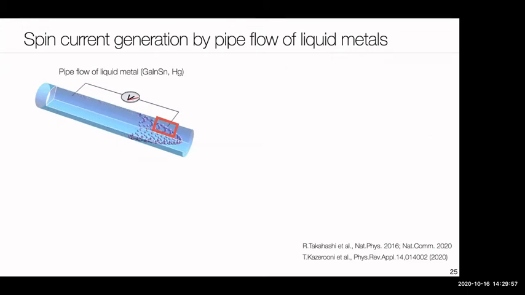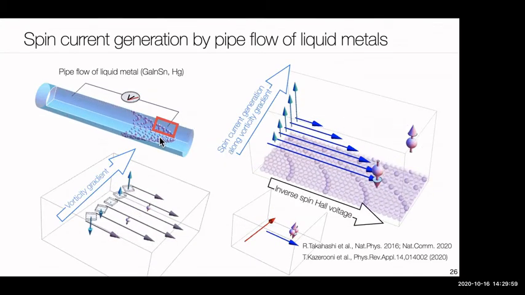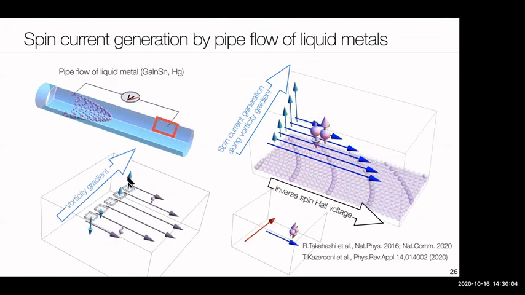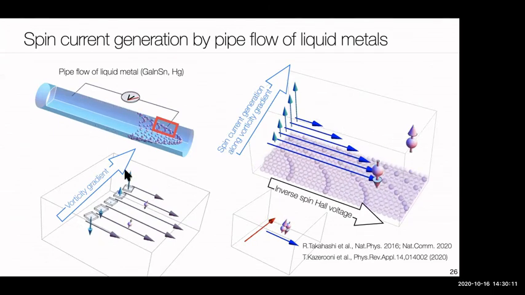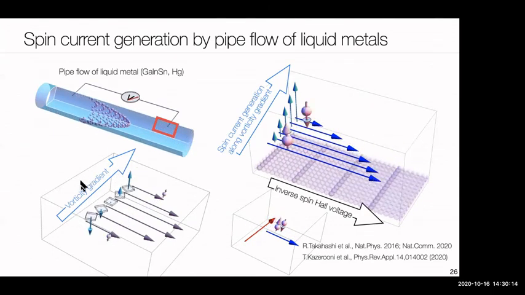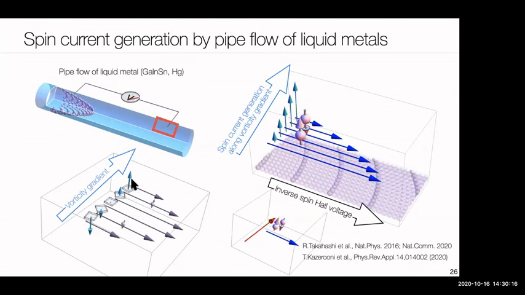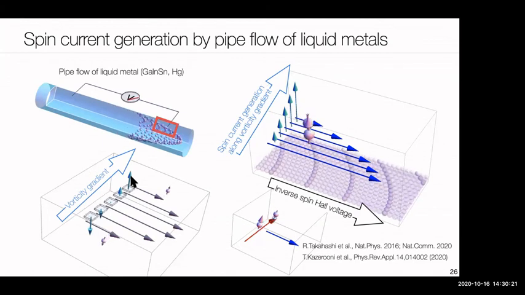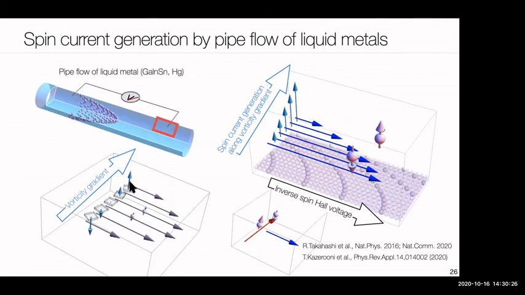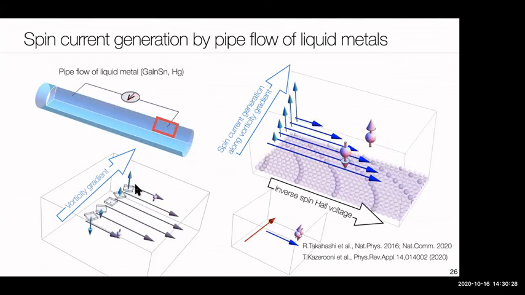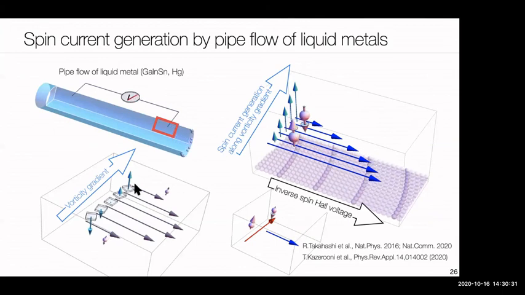Okay. And in this pipe flow, now let's look at the cross section of the pipe flow. In this case, we have the vorticity gradient in the radial direction of the pipe flow. Because in the vicinity of the edge, due to the friction between the inner wall and the liquid metal, the fluid velocity is very small in the vicinity of the inner wall.